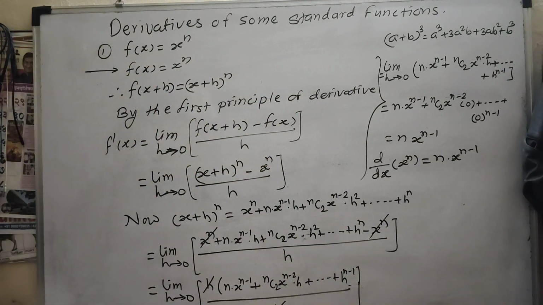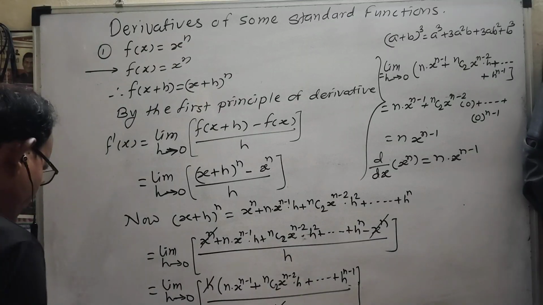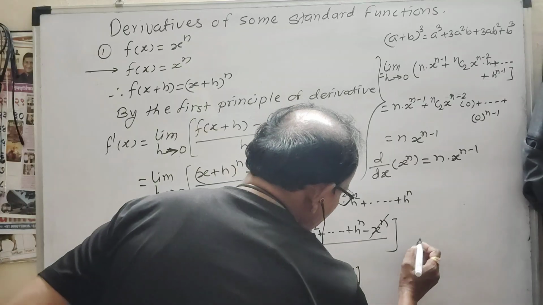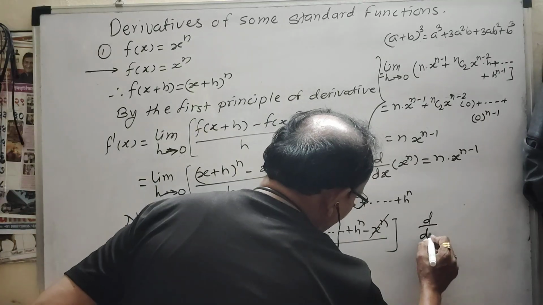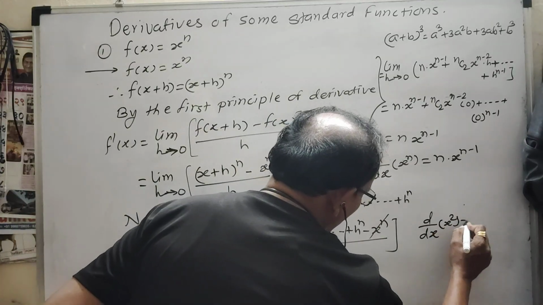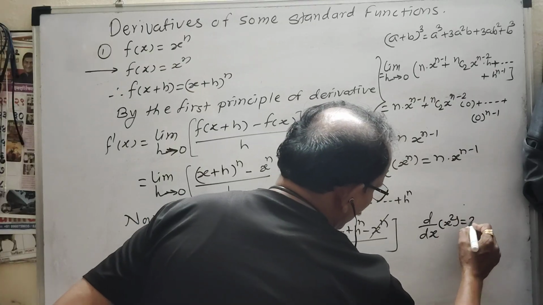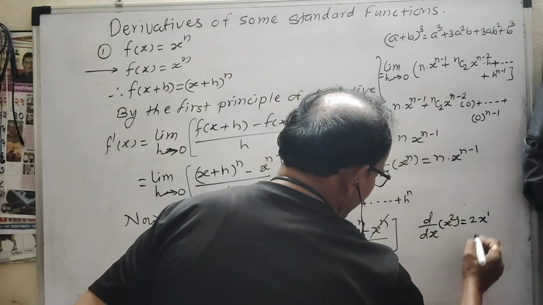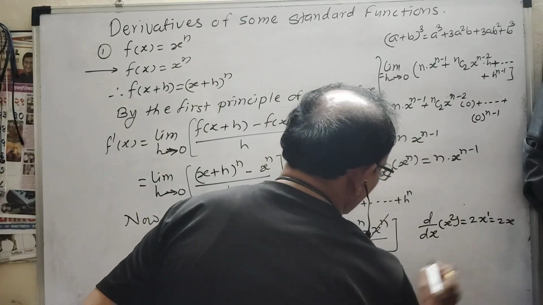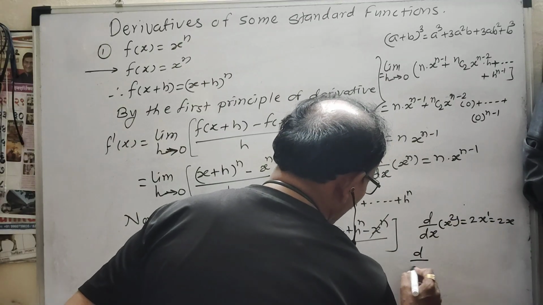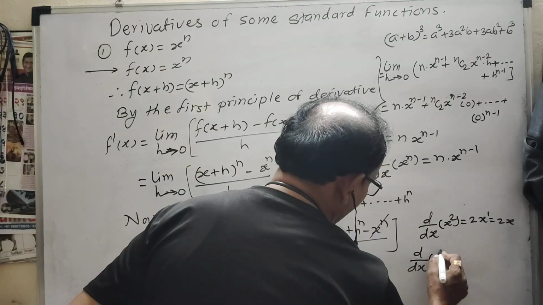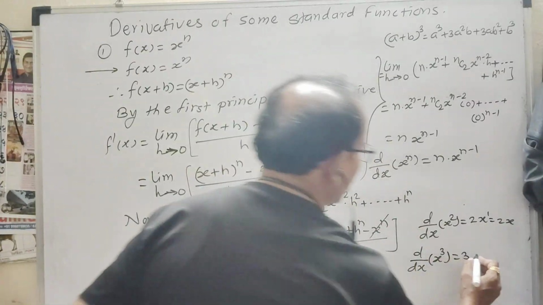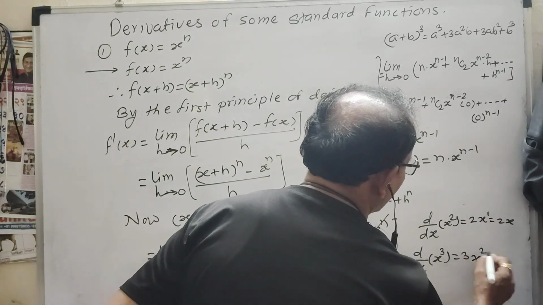This is the first standard function. Now like this, you know that d by dx of x square means n is 2 here, 2 x raised to 2 minus 1, 1 आ जाएगा मतलब 2x हो जाएगा. d by dx of x क्यूब तो क्यूब मतलब n 3 है, 3 x raised to 3 minus 1, 2 आ जाएगा.